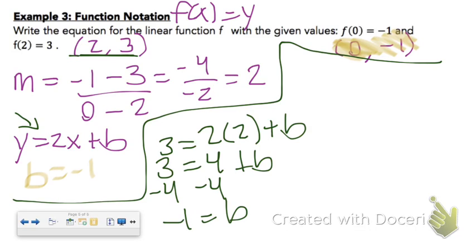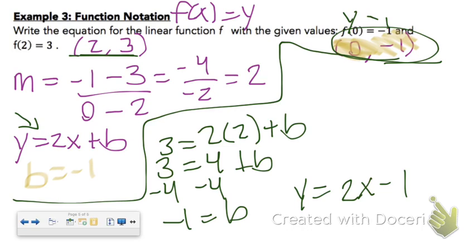So even doing it algebraically, I still get the same answer, y equals 2x minus 1. But if you recognize that this is actually the y-intercept, and they've given you b, then you can save yourself a little work. Alright, but just keep in mind, the whole goal is to be able to write an equation in slope-intercept form. There's kind of different ways that you're going to have to get there. And that is it for this section.